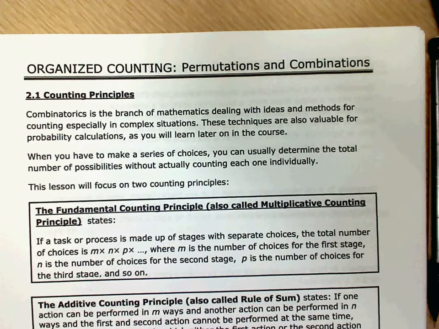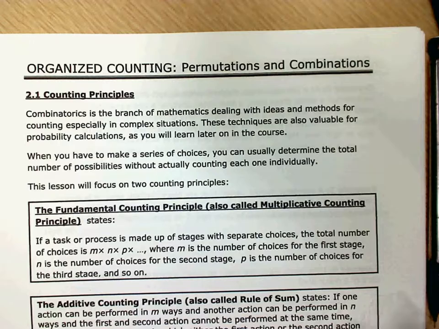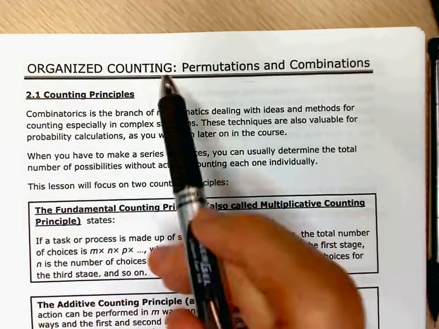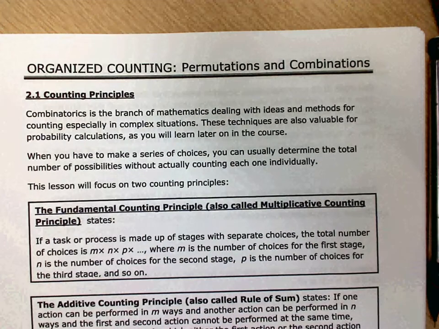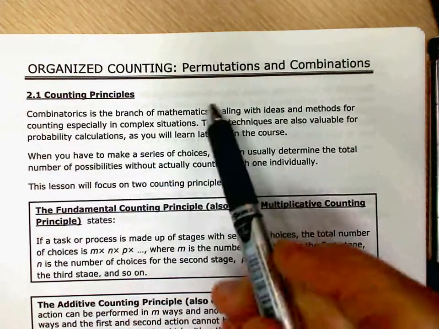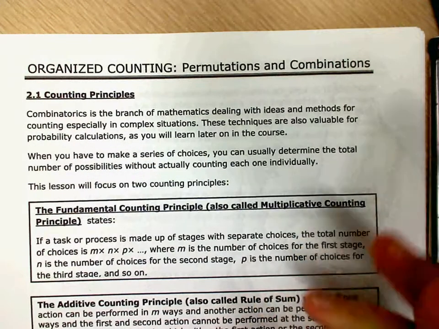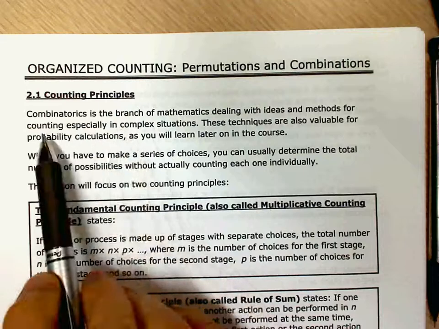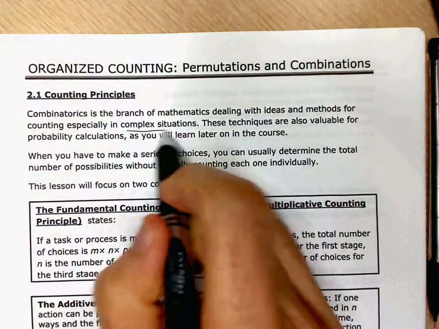Alrighty then. Okay, counting principles. Permutations and combinations. Combinations are different from permutations, but combinatorics is any branch of math dealing with ways to count in complex situations.